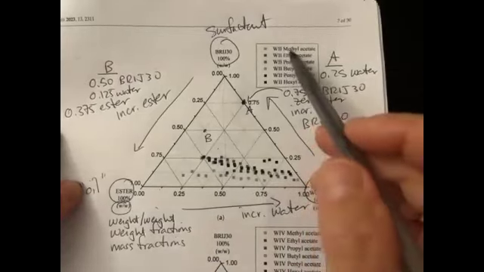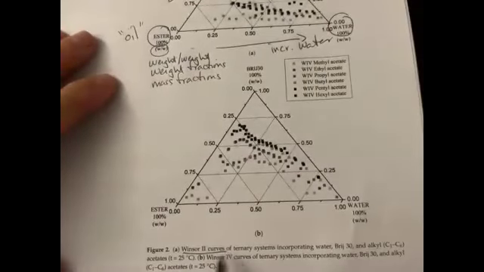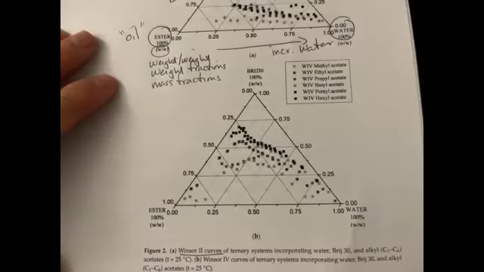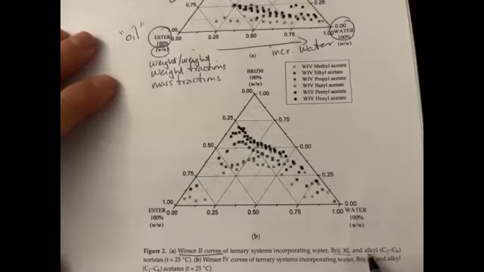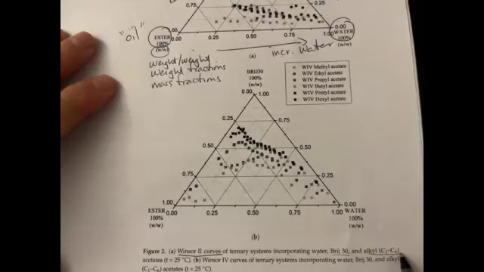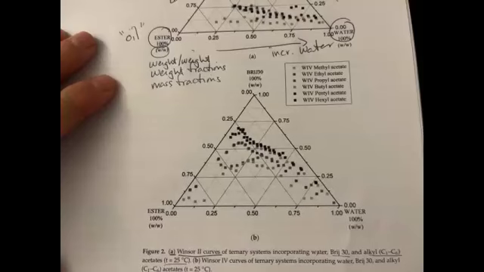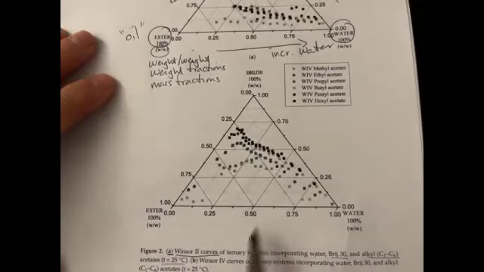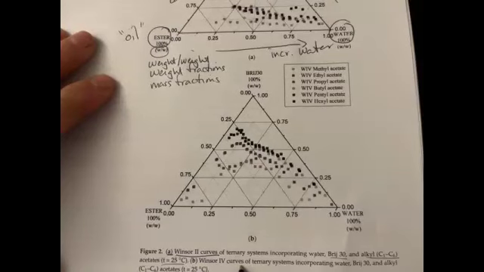Oh, and these are W2s. And if we come down here, it says Windsor 2 curves of ternary systems incorporating water, bridge 30, and alkyl C1 to C6 for A, temperature 25 degrees Celsius. And then this picture is going to be B, which is Windsor 4 curves for the same thing.